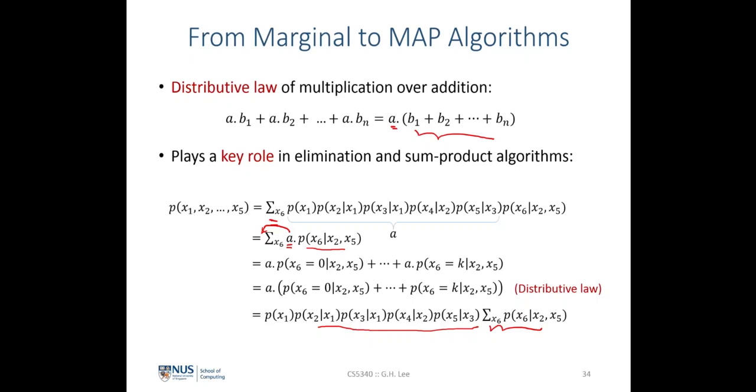This is according to the distributive law, and we have seen that this leads to the sum product algorithm, which is extremely useful for computing all the marginal or conditional probabilities over all nodes without recomputing the messages.